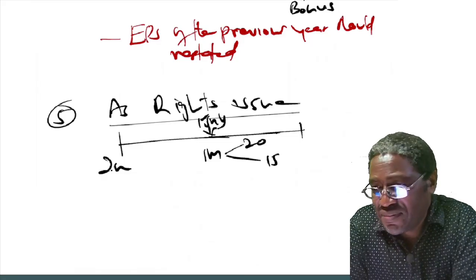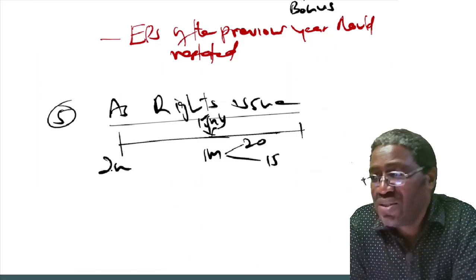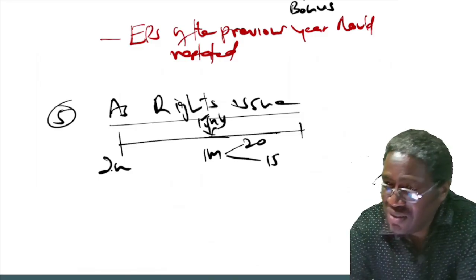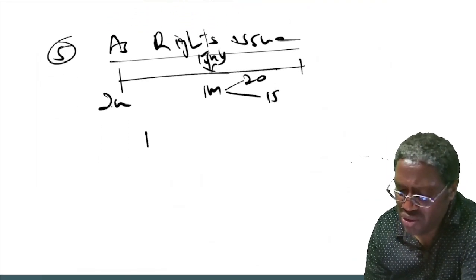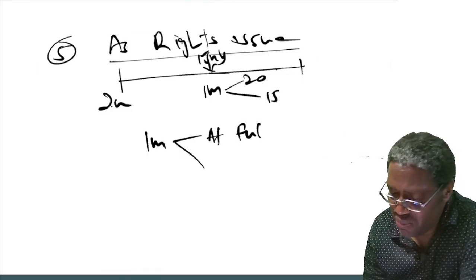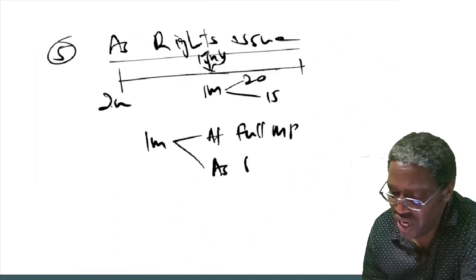Just like the stock option, some of these 1 million shares are deemed to be issued at full market price, which must be separated, and some are deemed to be issued as bonus.